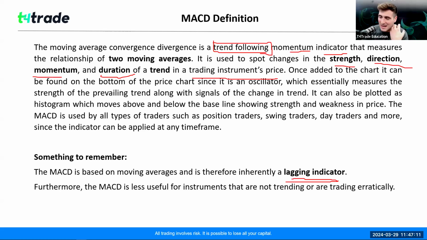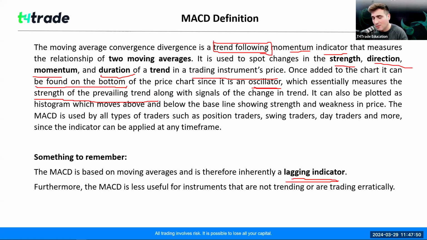So once it's added to the chart, it can be found at the bottom, not on top of the price action, just like the Fibonacci retracement we just saw, where you see lines above or below the price action. It's on a separate window, an oscillator in a sense. It essentially measures the strength of the prevailing trend, so it indicates where the direction of the trend is moving towards, whether an upward, downward or sideways kind of price action.